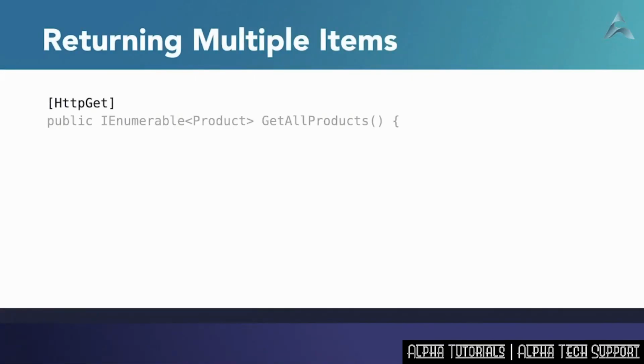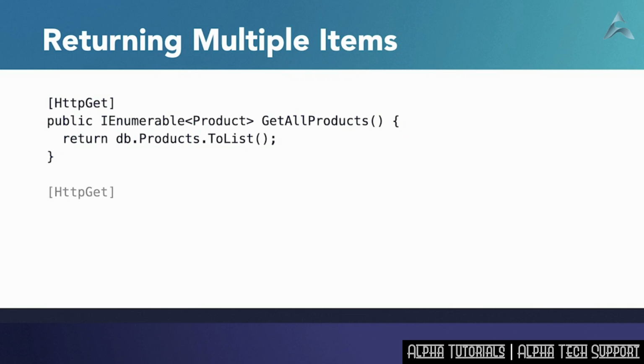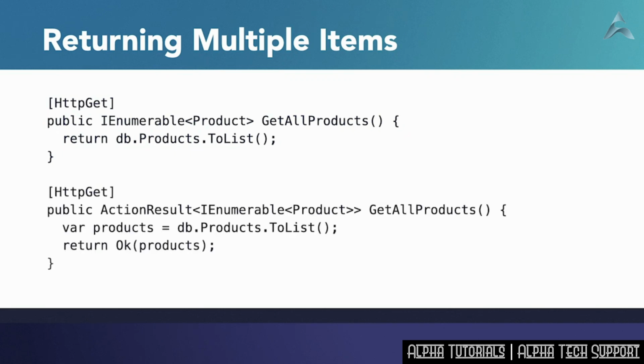The second approach to return something from our API is to use the return type action result. That's a type that basically means, okay, this is an action method and it returns something, quote unquote. There's one change in the implementation. Well, two changes to be exact.